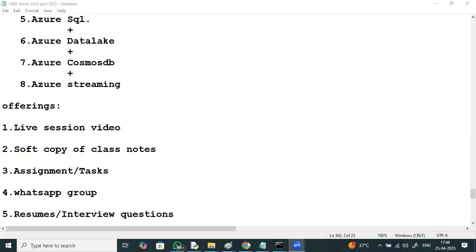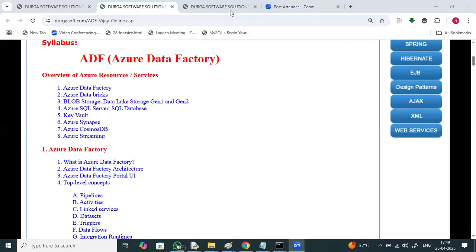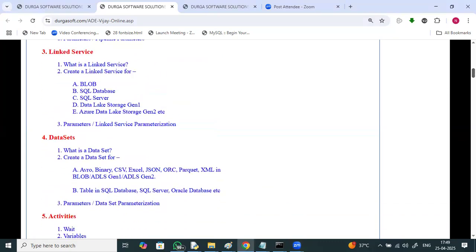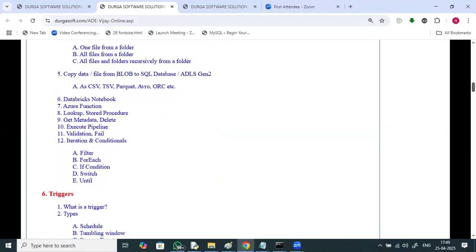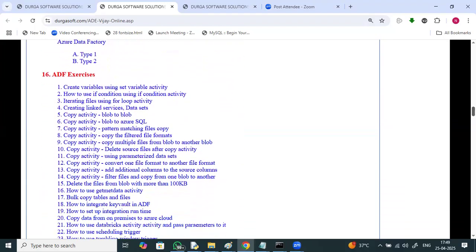Now you can check this course content. Azure Data Factory in brief: pipelines, linked services, datasets, activities, triggers, integration runtimes, and data flows, with around 50 exercises.